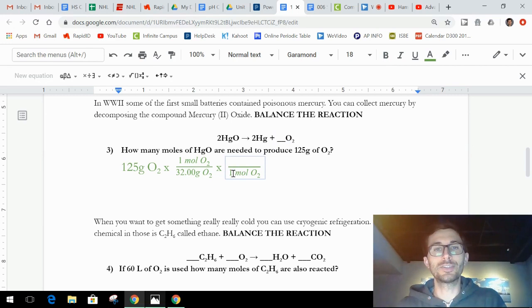Every 1 mole of oxygen, I use 2 moles of HgO. Because look, 2 right there. So grams of oxygen cancel out with the grams of oxygen down there. 1 mole of oxygen up here because that was equal to the molar mass. And then in 1 mole of oxygen, I use 2 moles of that. And there we go. Moles of HgO.